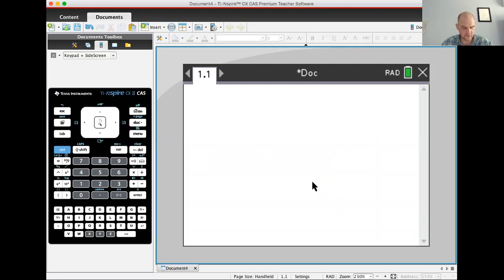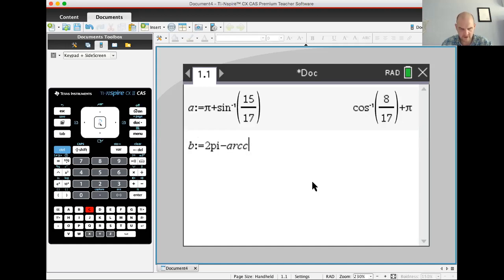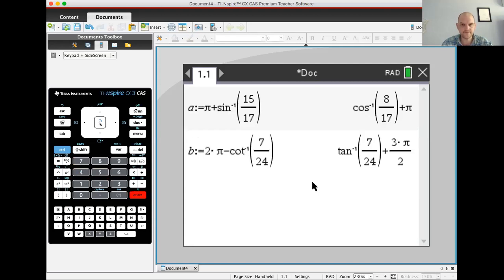So for example, A should be quadrant 3, so pi plus arc sine of the absolute value, so 15 over 17. And then B should be quadrant 4, so I'm going to do 2 pi minus arc cotangent of the absolute value, so 7 over 24. All right, so if I want to find sine of A minus B, I get negative 297 over 425.